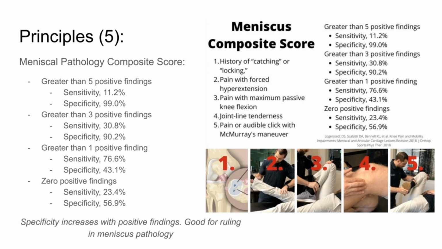Now, if we have greater than 3 positive findings, then our specificity drops a little bit from 99% to 90%, but we're still feeling pretty confident that this could be meniscus pathology. Conversely, if you only have greater than 1 positive finding, specificity is not great. Sensitivity is not too great there either. So to summarize these 5, when more and more of them are positive, we're getting more confident they could have meniscus pathology. But we still don't have a great way of ruling out meniscus pathology. So keep that in mind.